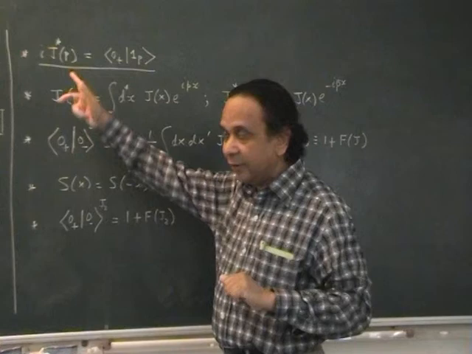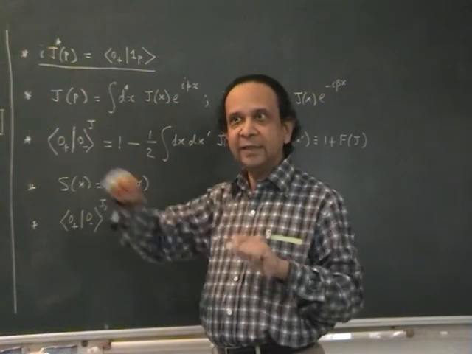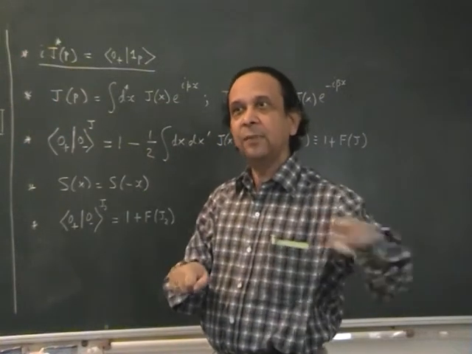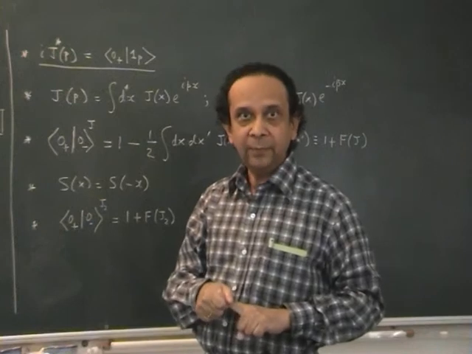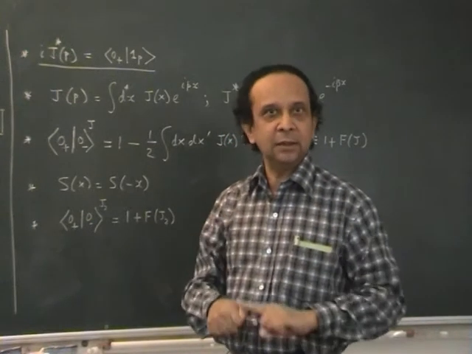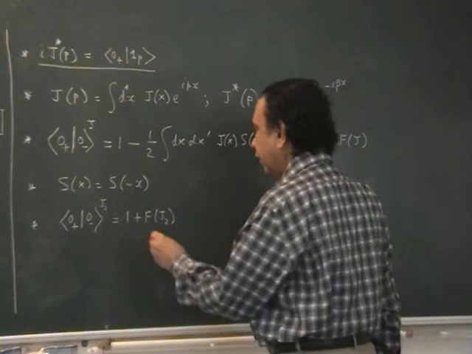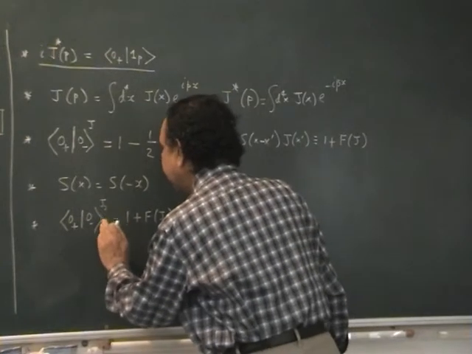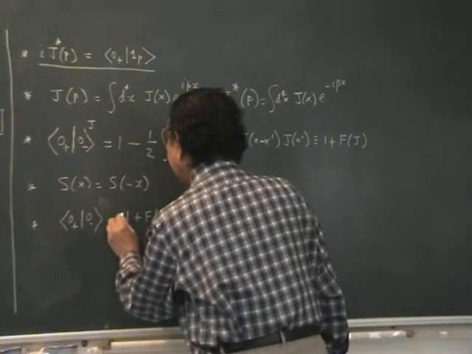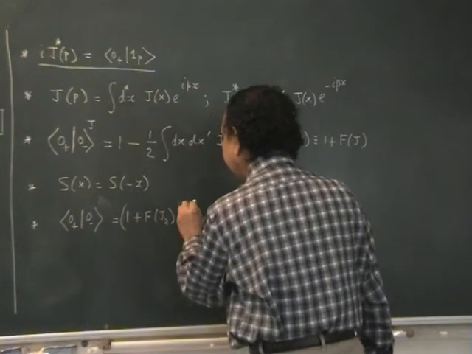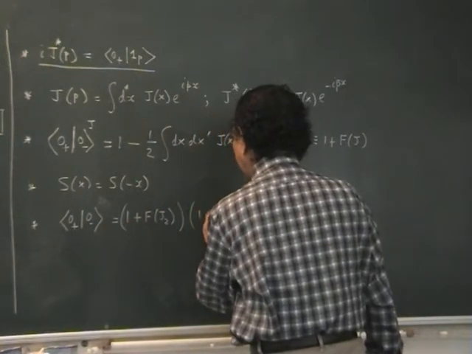But if my J1 now acts on it, it can kill that one particle state and get it back to the other one. Okay? So when both of them are present, what will happen is that this will get replaced by this quantity times 1 plus f of J1.